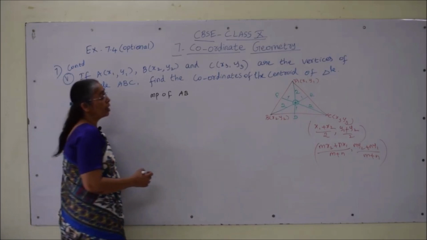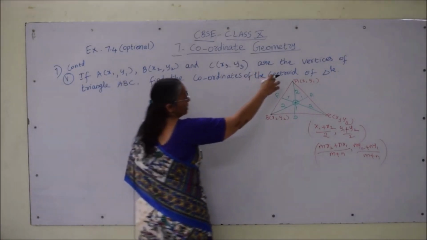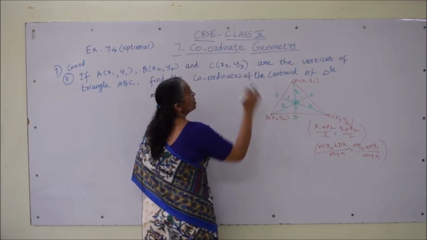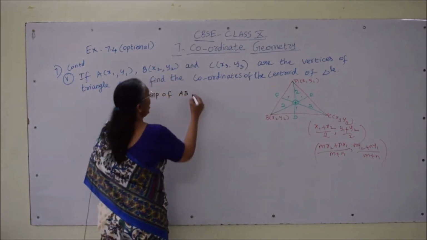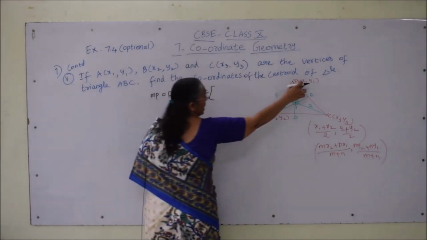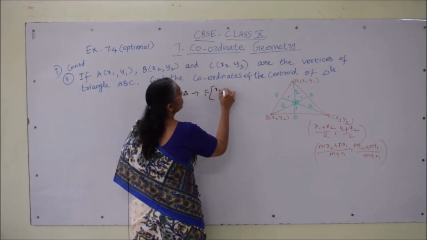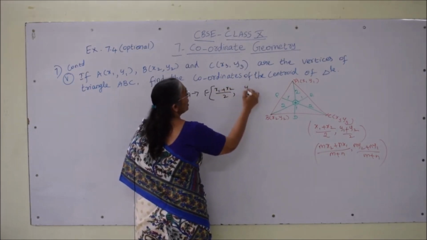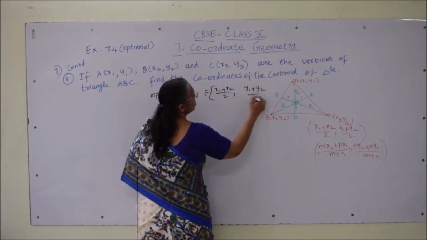So, midpoint of AB will give me the F point. So midpoint of AB is F, which is nothing but (x1 plus x2 by 2, y1 plus y2 by 2).